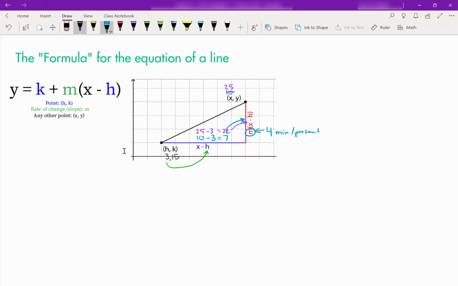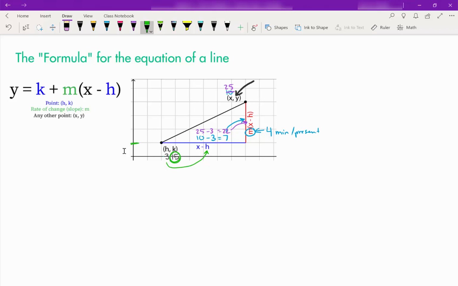So here is the formula that we can come up with. If I want to know this value, the number of minutes, that's this over here, y. If I wanted to know that value, then what I would do is simply take the current amount. So by current amount, I mean the 15 that you see here.